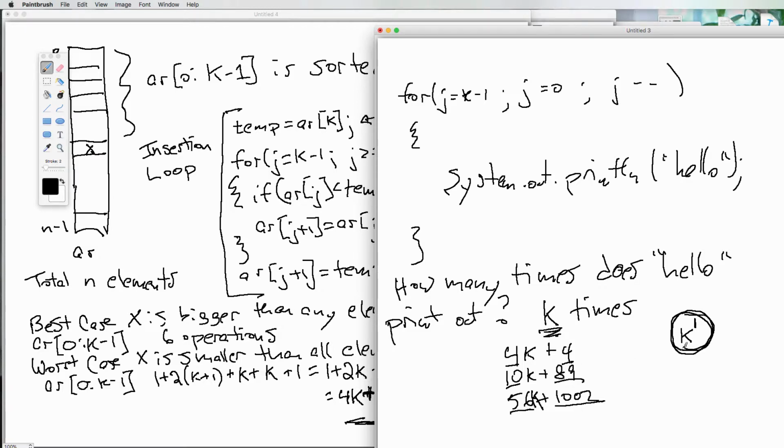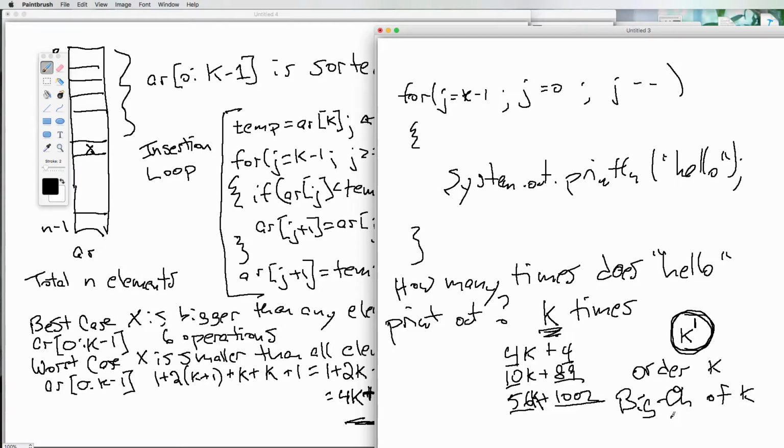But what is important is that when we talk about the complexity of this algorithm, if I were to ask you what is the worst case complexity of this algorithm, you would say that it's order k. Or sometimes you hear people say it's big O of k.